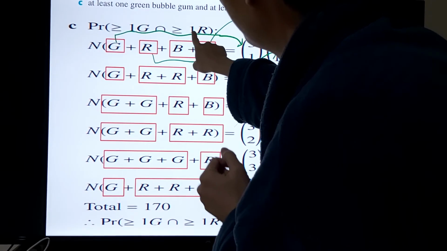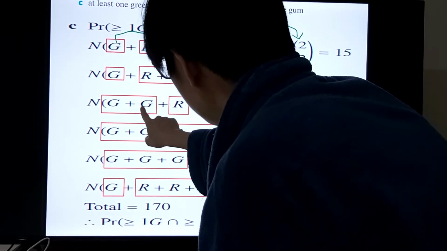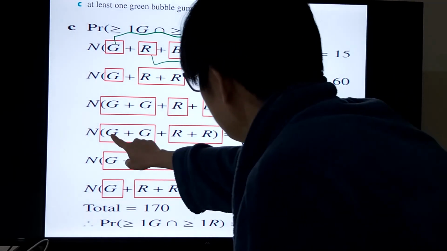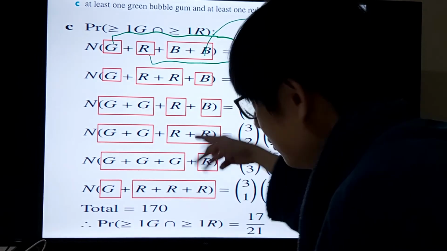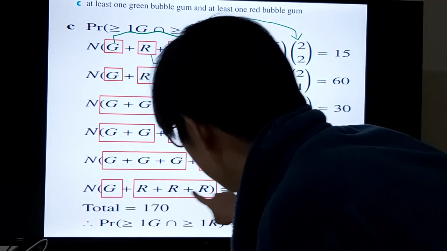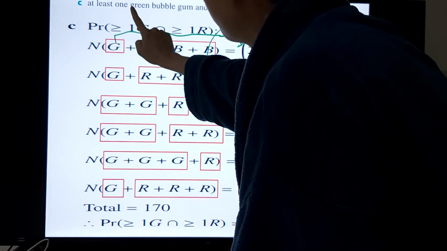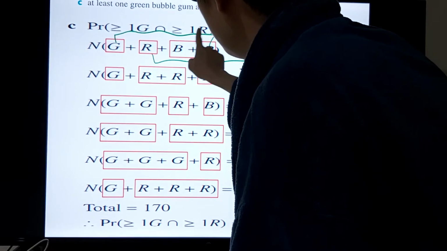Because it's at least 1 red, so 2 red is possible. 2 green, 1 red, 1 blue. Possible. 2 green, 2 red. Possible. 3 green, 1 red. Possible. 1 green, 3 red. Possible. All these fulfill the criteria of at least 1 green and at least 1 red.